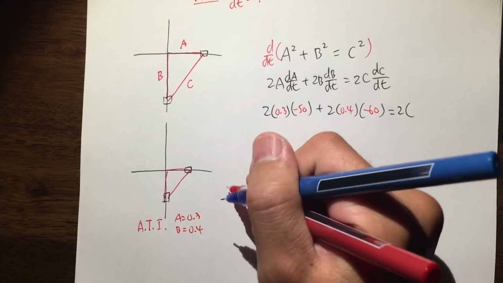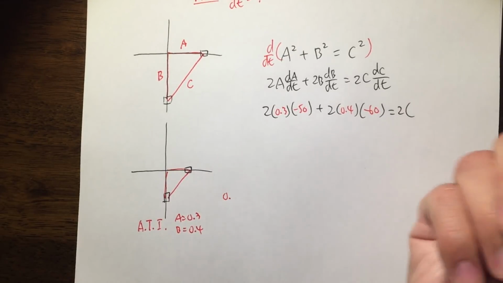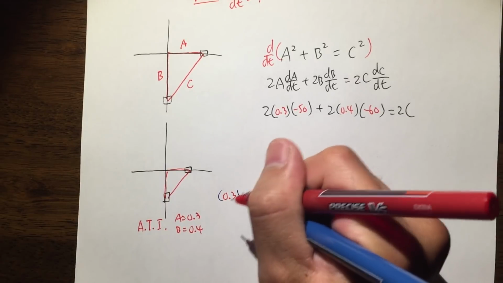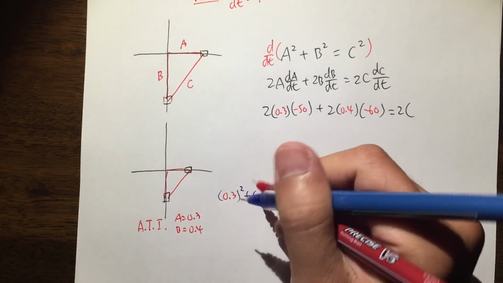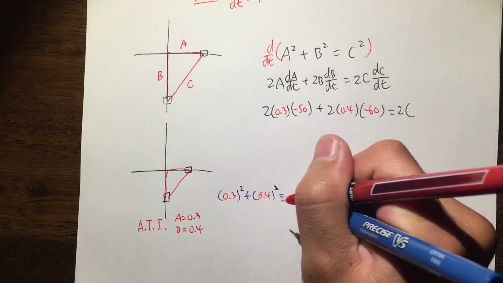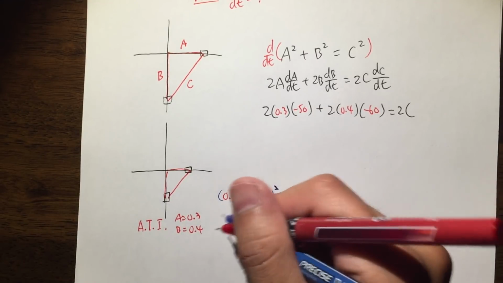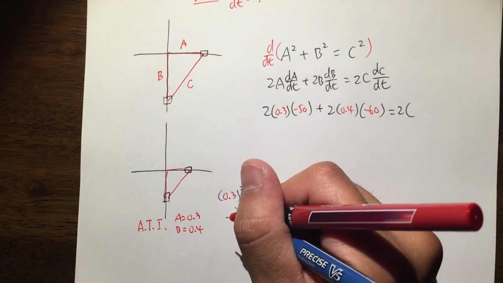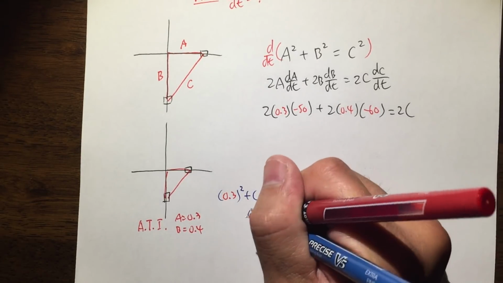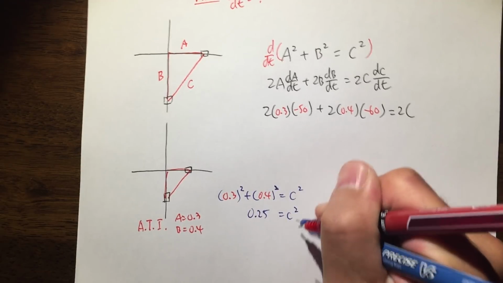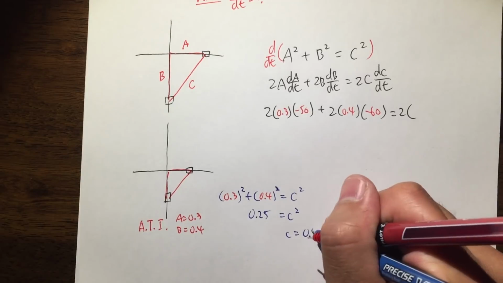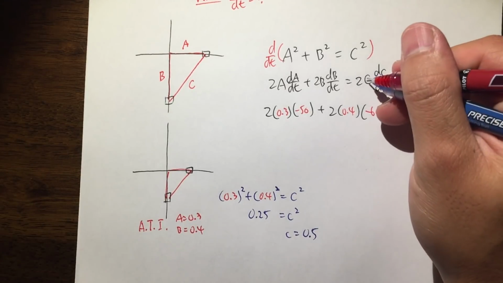So I will get 0.5 because it's a 3-4-5 triangle, but I will show you guys the work anyway. 0.3 squared plus 0.4 squared is equal to C squared, and then you can just work this out. You will get 0.09 plus 0.16, which is 0.25 equals C squared. Square root both sides and take the positive value. You get 0.5. Anyway, that's for C.